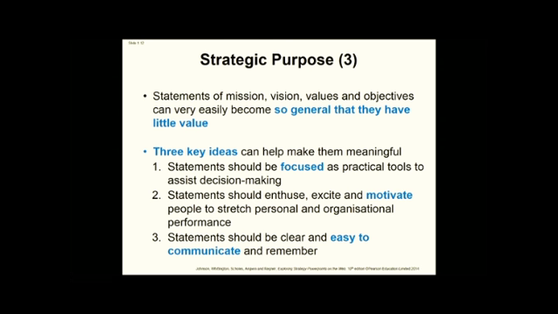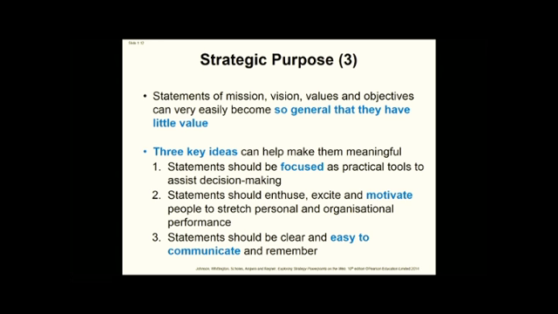Does this statement help guide our decision making? In terms of objectives, a 50% reduction in greenhouse gas emissions, yes, that does help guide decision making, because if we're thinking of rebuilding a manufacturing facility, okay, we've got to reduce greenhouse gas emissions, so that is an important component of how we rebuild that facility.